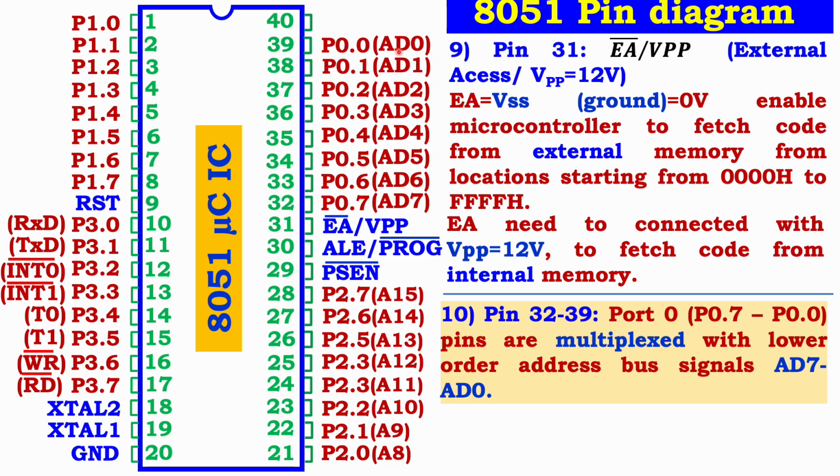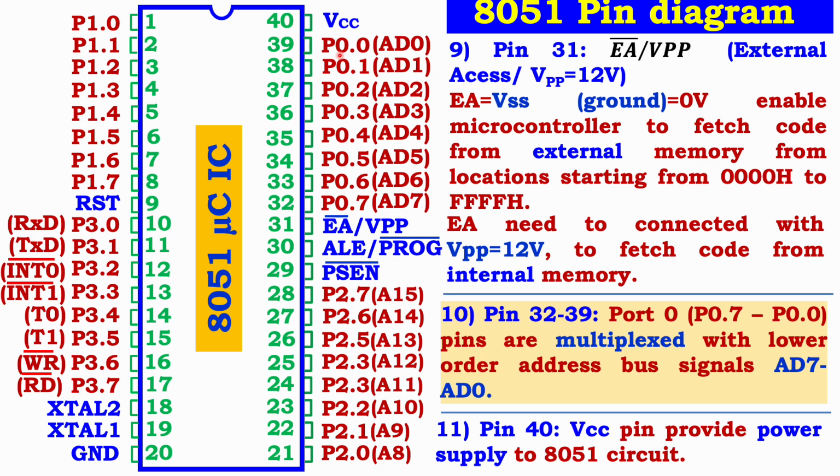We discussed it just earlier, address data bus. Both are multiplexed. If I want, I can take the address by using the ALE pin enable, and if I want, I can take the data from the address bus, demultiplexed, nothing but decoded from the AD bus. So this is the advantage of the P0 port, the AD bus multiplexed port.